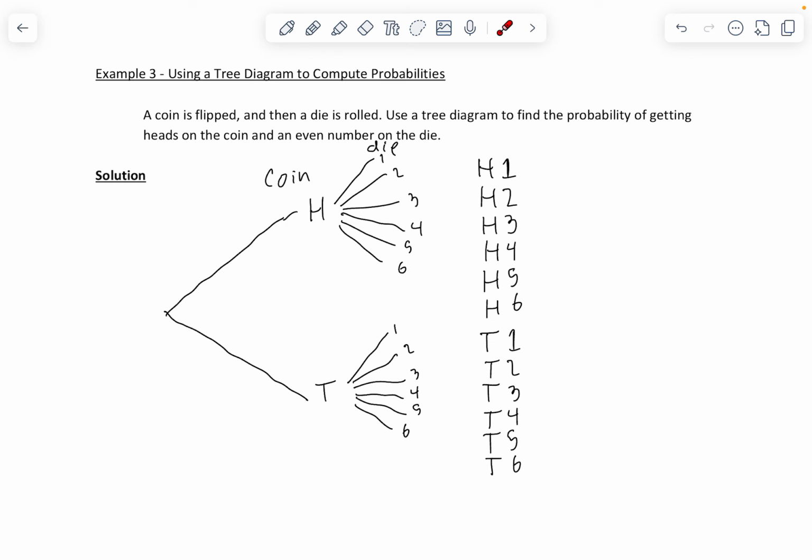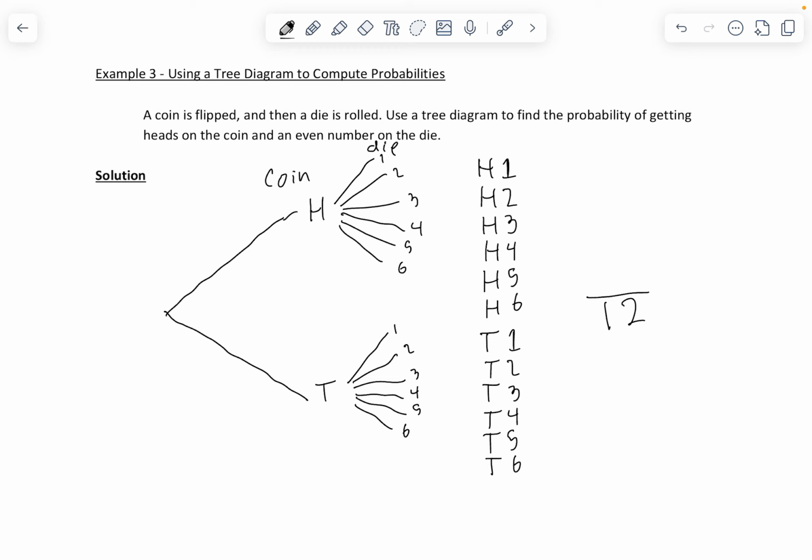And we're asked to find the probability of getting heads on the coin and an even number on the die. Okay, so let's put that over here. My probability will be a fraction. The denominator of the fraction will be 12 because there are 12 outcomes in my sample space.